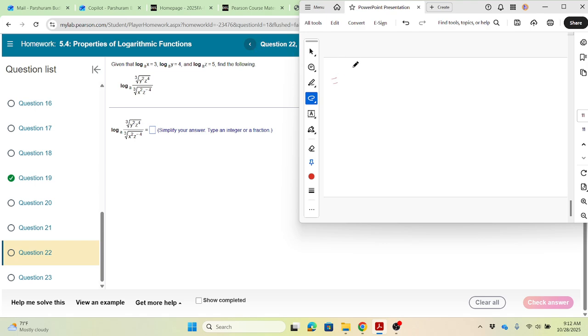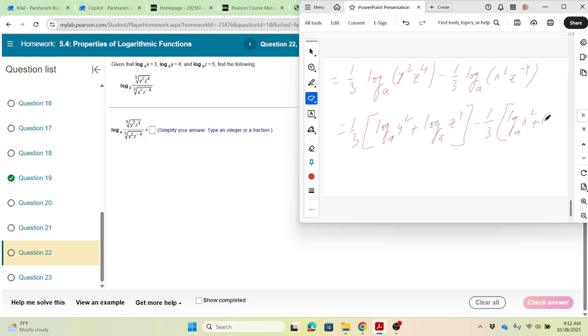If you just continue, that 1/3 comes in the front, and you will have log base a of y squared z to the power 4 minus 1/3 log base a of x squared z to the power -4. You have to keep expanding this using the product rule. It will be log base a y squared plus log base a z to the power 4, minus 1/3 of log base a x squared plus log base a z to the power -4.